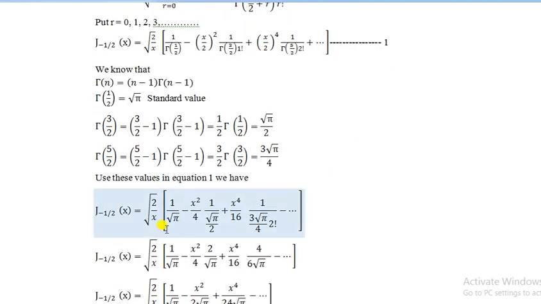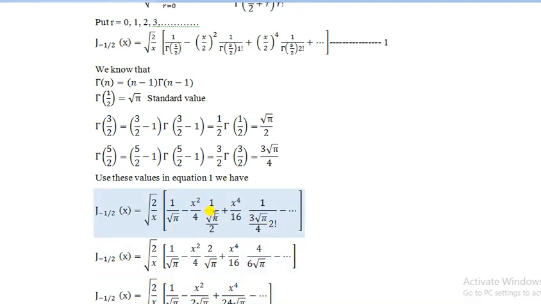So you get this equation. So gamma of 1 by 2 is square root of pi, gamma of 3 by 2 is square root of pi divided by 2, 5 by 2 is 3 into square root of pi divided by 4, 2 factorial.